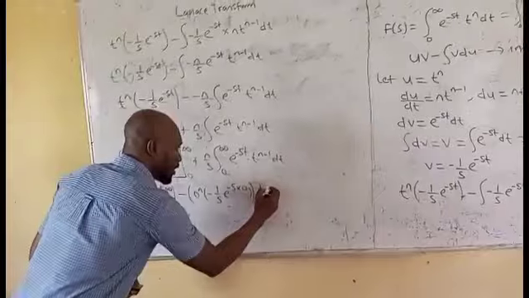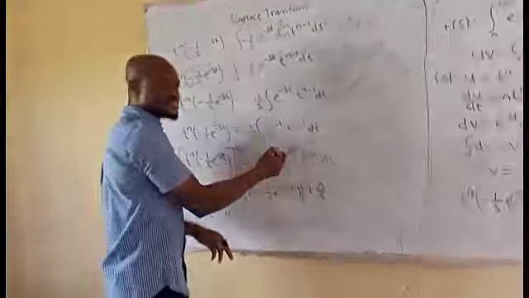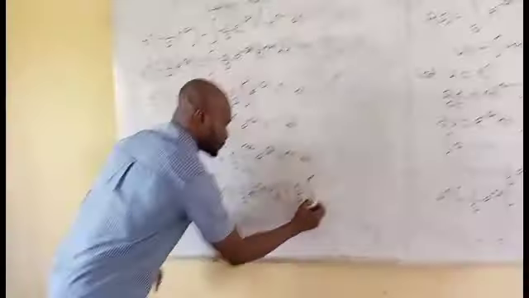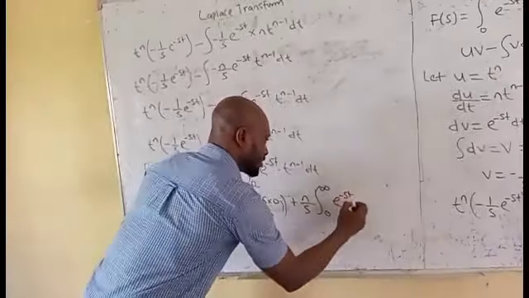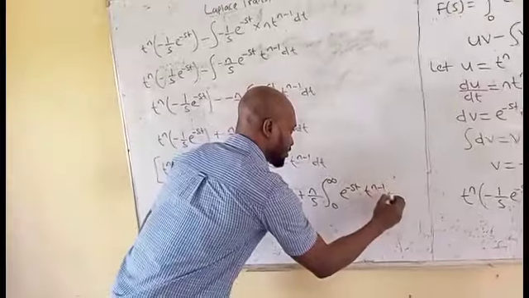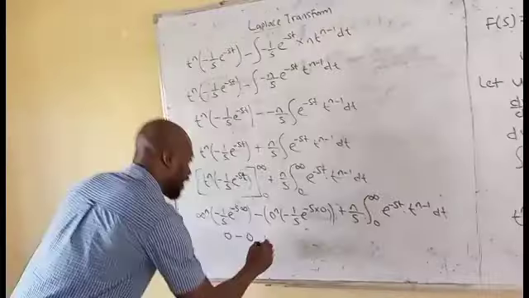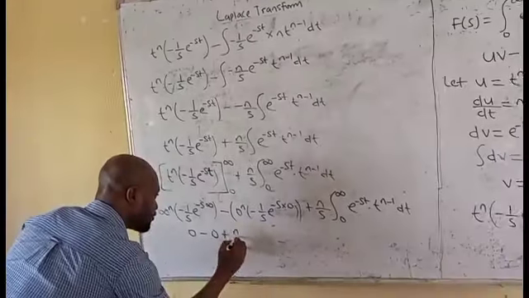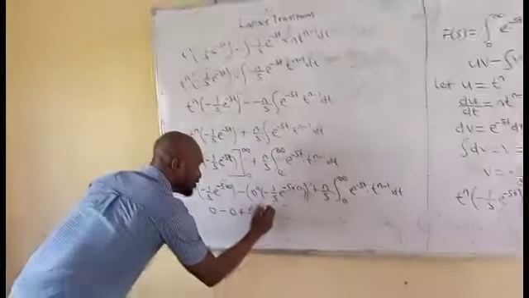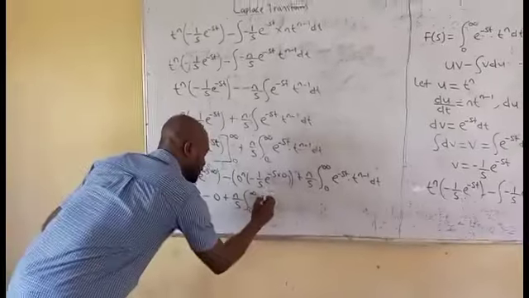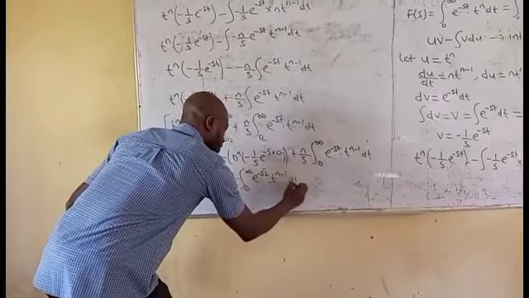I say plus n over x, then times this integral, the integral from 0 to infinity of exponential minus st times t raised to the power of n minus 1 times dt.